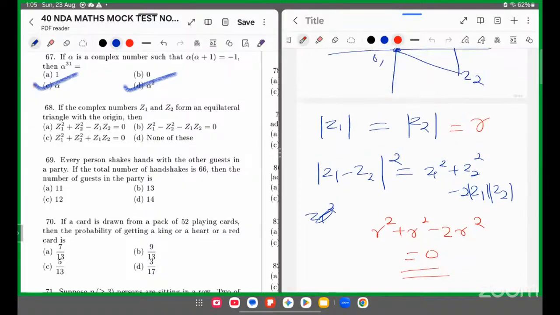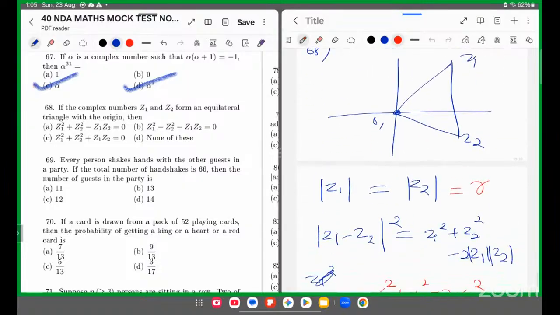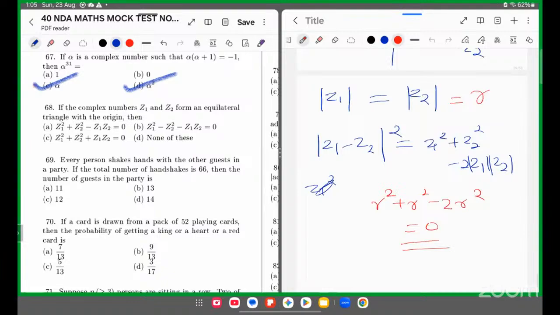It's a problem. So Z1, Z2, Z1 minus Z2. Distance between these two. Z1 square plus Z2 square minus 2 Z1 Z2. So it should be 0.